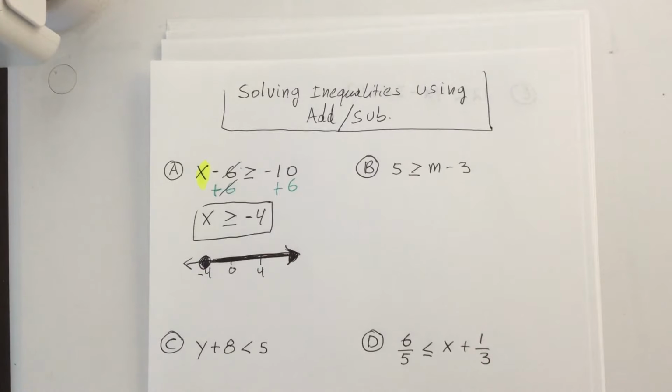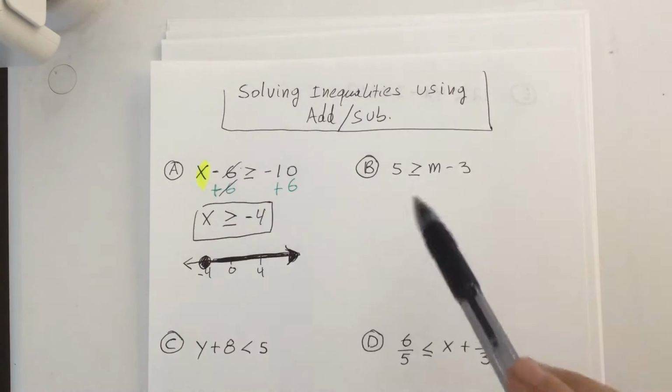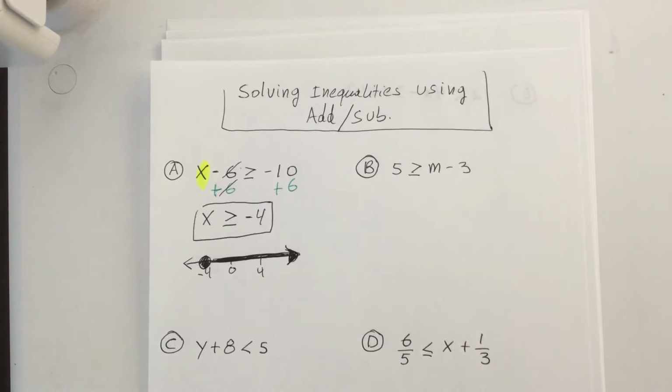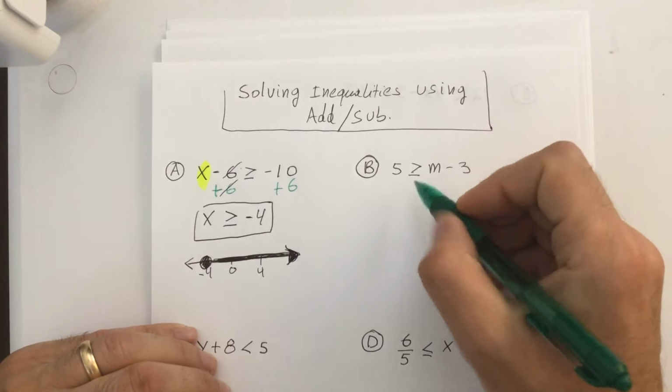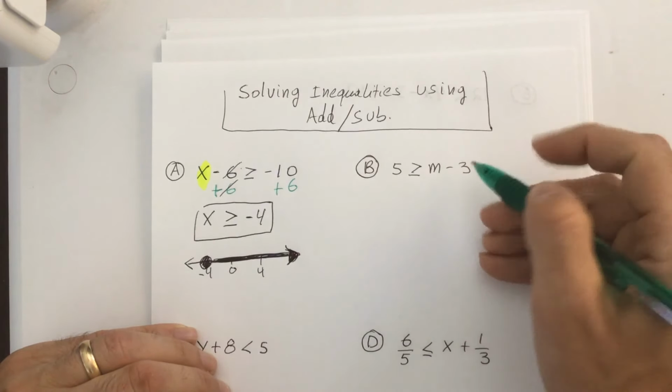So now let's try another one. I want you to pause the video and try example B. See if you're able to graph it also and get the solution of this inequality. All right, let's see if you got the right answer. Again, we have 5 is greater than or equal to m minus 3.